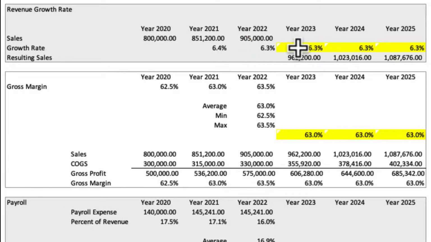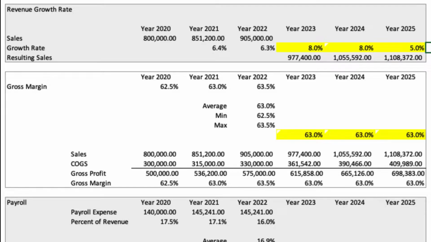So then we have to make some sort of assumption about what the growth rate is going to be in the next few years. Right now I have in there 6.3% because that was the previous growth rate. But I can put in there whatever value I want. Let's say I want it to grow by 8% in 23 and 24 as well. But maybe in 2025 it's only going to grow by 5%.